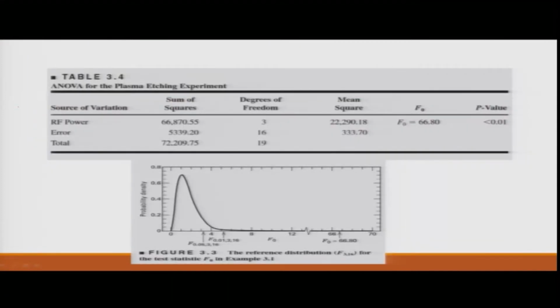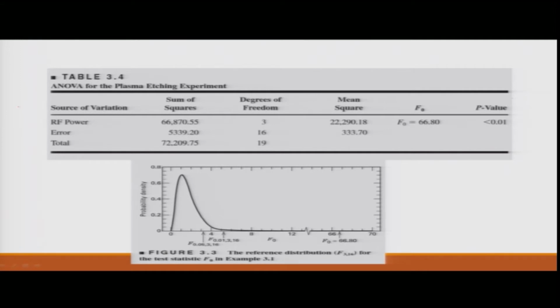These are the tables I have: ANOVA for the plasma etch experiment. Under sources of variation, the power has a sum of squares of 66,870. I am not mentioning the decimal values. The error is 5339, and the total, the addition of these, is 72,209. The degrees of freedom are 3, 16 and 19; obviously 3 plus 16 is 19.